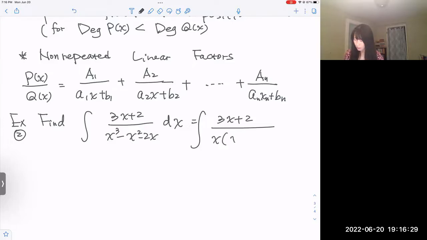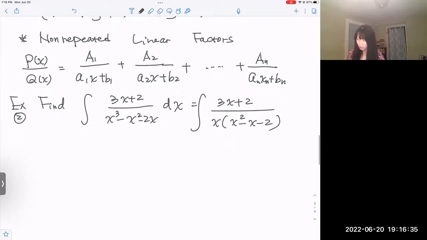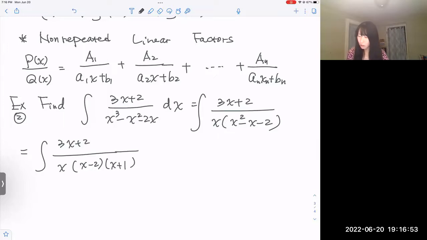Good. So x times x squared minus x minus 2, right? Very good. Now, can you factor more? x minus 2, x plus 1. Very good. Okay. So now we factored, right?